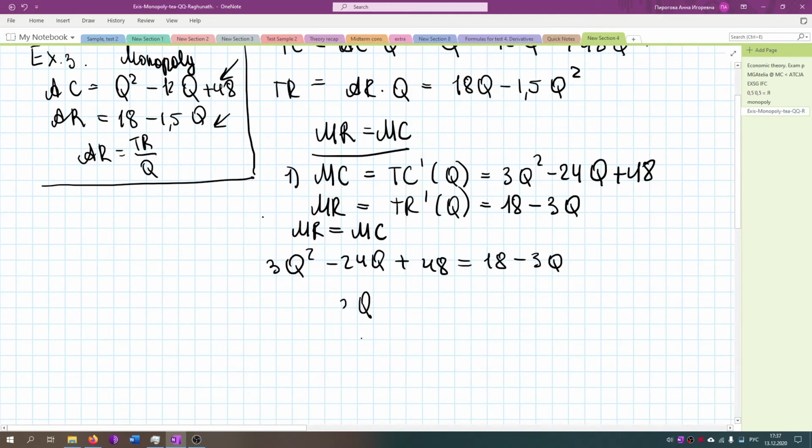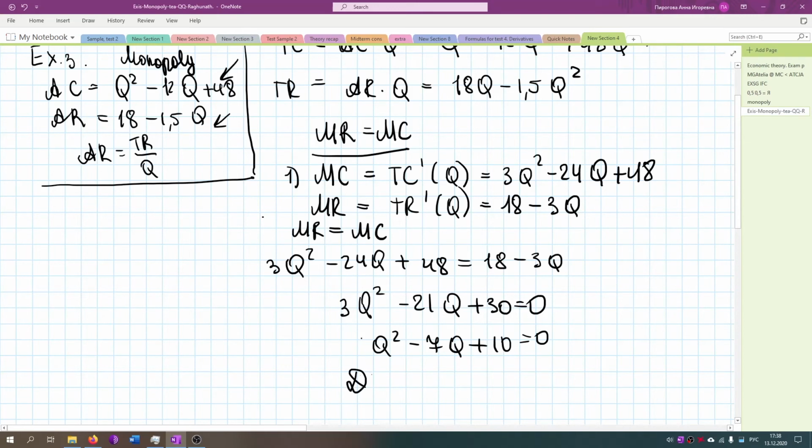So 3Q squared minus 21Q plus 30 is equal to 0. Q squared minus 7Q plus 10 is equal to 0.